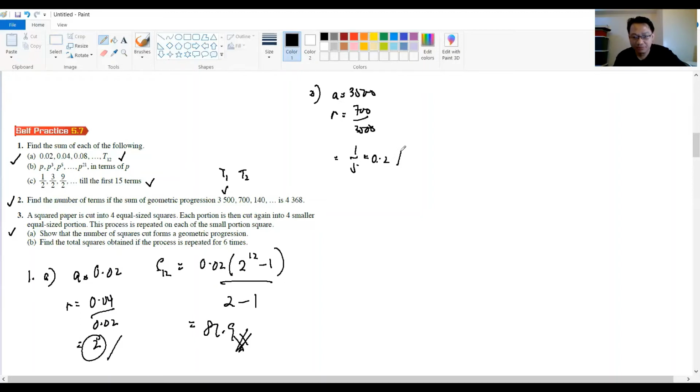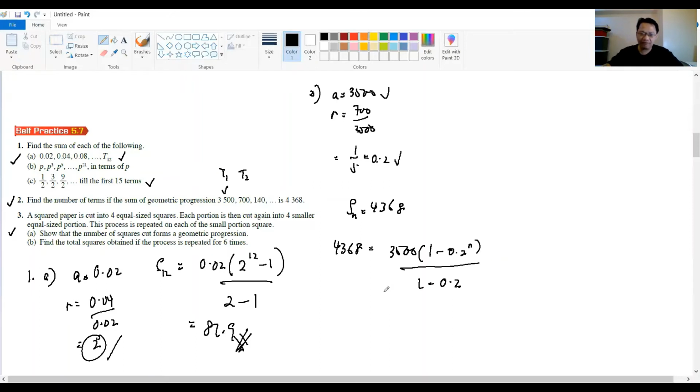This is the information. Since our sum of n equals 4368, and our R is less than 1, you need to use the first formula. So 4368 equals A, 3500, times 1 minus R to the power of n, where R is 0.2, over 1 minus R. We simplify everything.